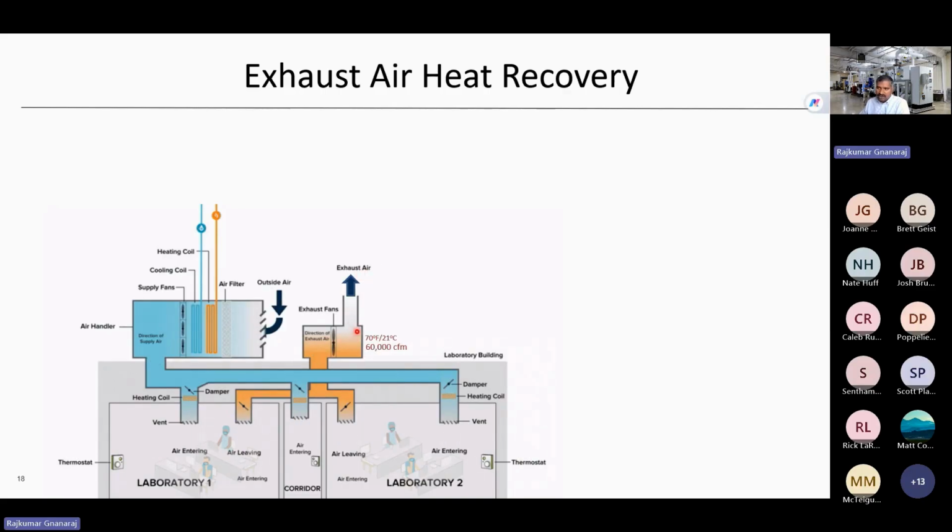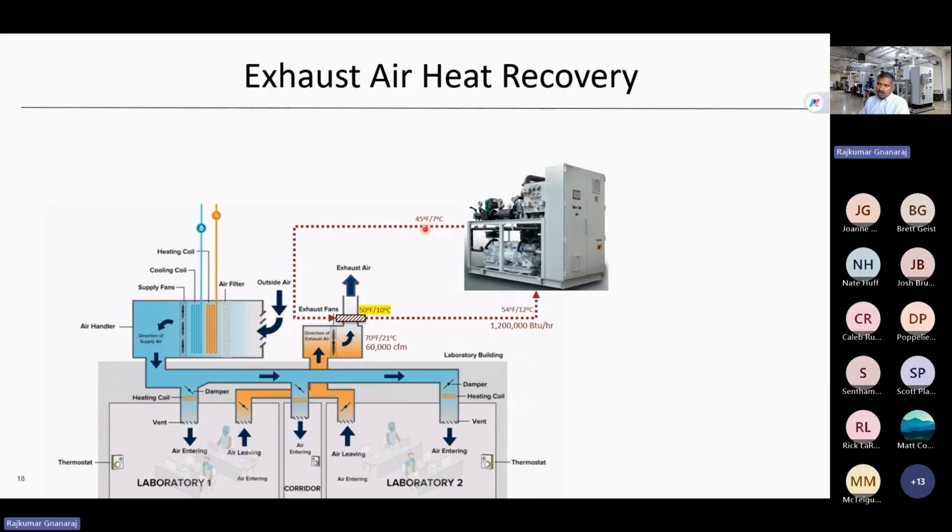So if there's a centralized exhaust which throws 70-degree Fahrenheit conditioned air out, we can have a small plate fin coil, like a radiator coil, and run a low temperature water loop from the heat pump evaporator at 45-degree Fahrenheit. That will recover the heat from the 70-degree air, and then it becomes 54-degree Fahrenheit. It could be a glycol loop or water loop that goes to the heat pump as a heat source.